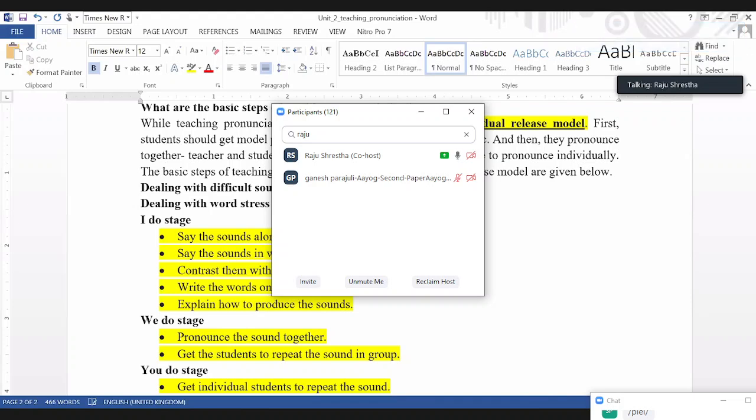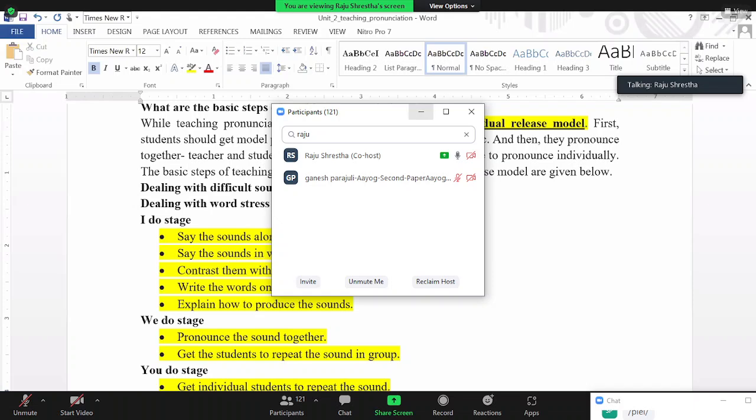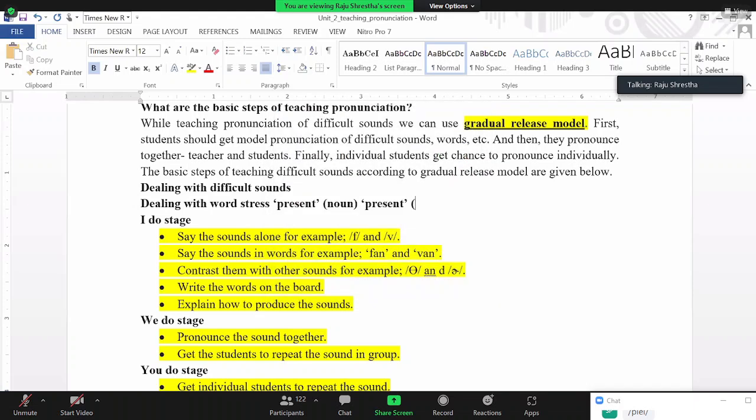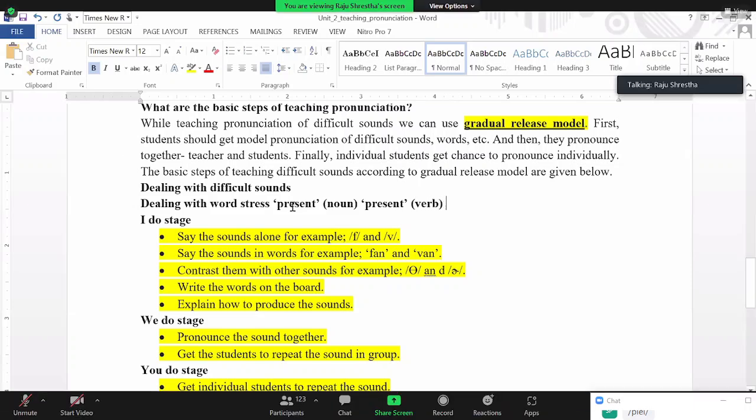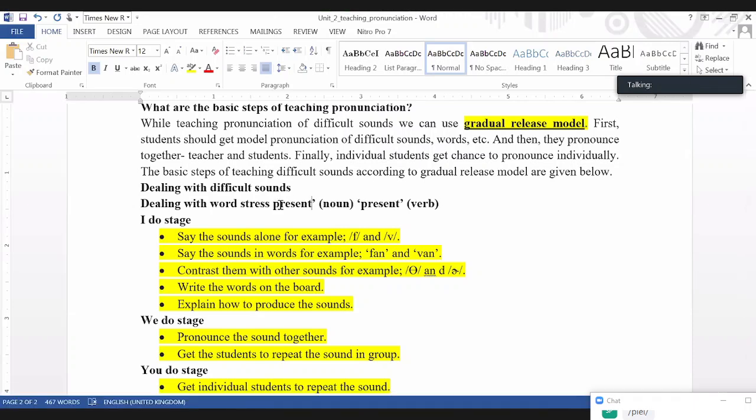The word present, present is verb. Verb हुँदा कहाँ हुन्छ, noun हुँदा कहाँ हुन्छ, stress pattern हैन. So you check it. In noun, stress pattern is in a different location. In verb, stress pattern in a different location.